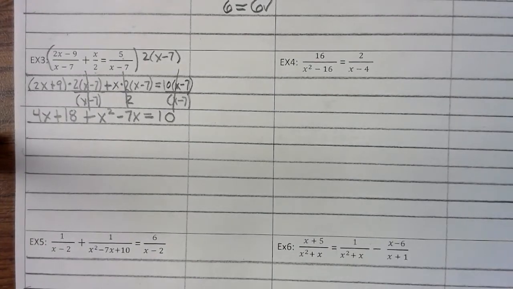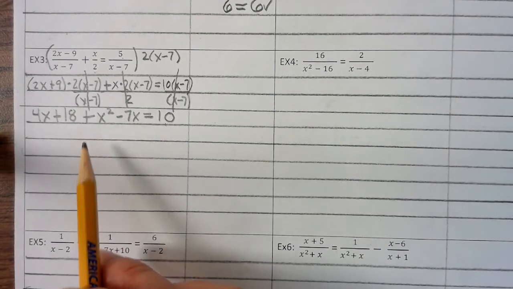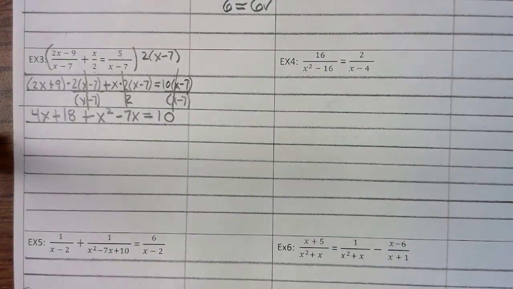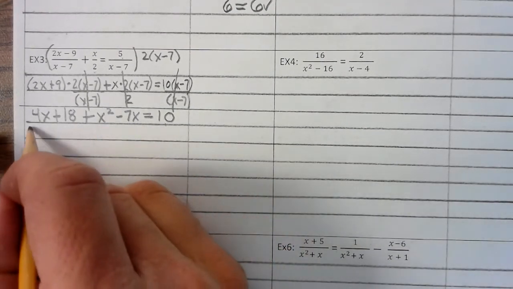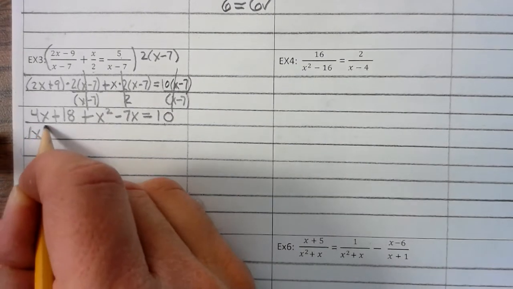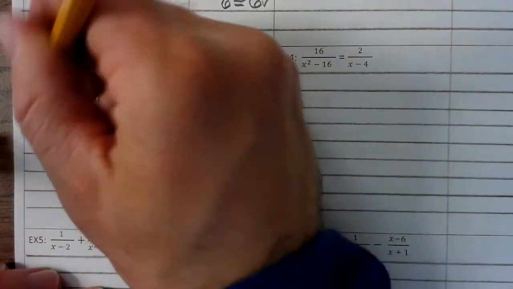So now we see it's quadratic, so we need to move everything to the left side and put it in ax squared plus bx plus c equals 0. So we subtract 10 from both sides, and we're left with 1x squared, and I think I made a clerical error.